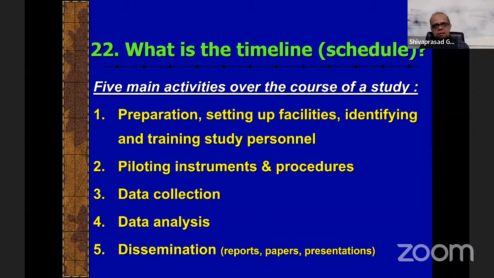We have funding, our protocol is ready, we have all the approvals, the personnel are trained, but the people are scared to come to primary health centers for undergoing screening because of COVID.